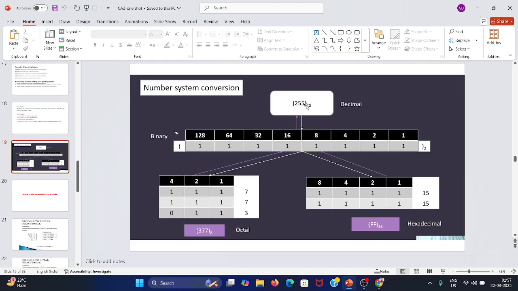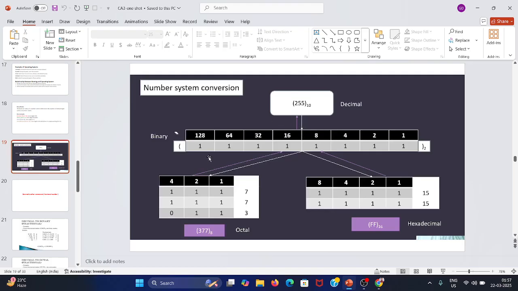Now subtract 128 from 255, and there will be something remaining. You have to calculate which digits I can take combined and add them to get that number. That will be the process.